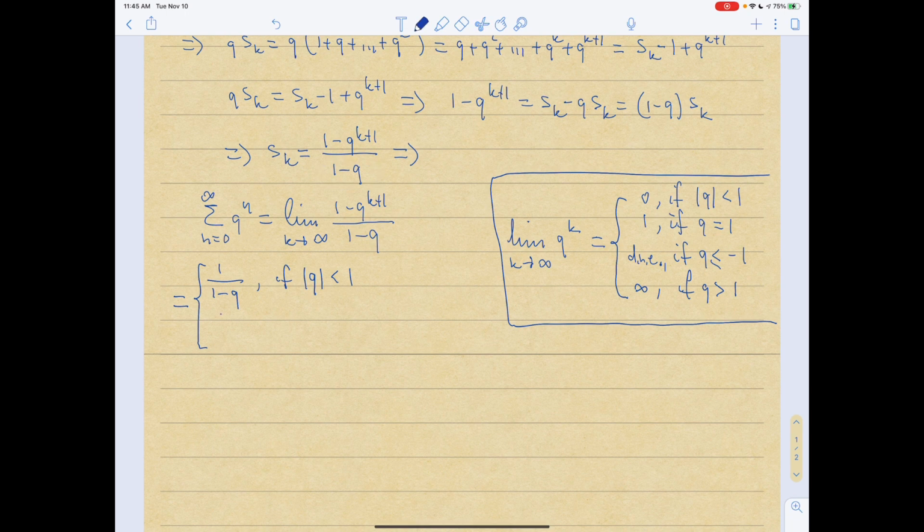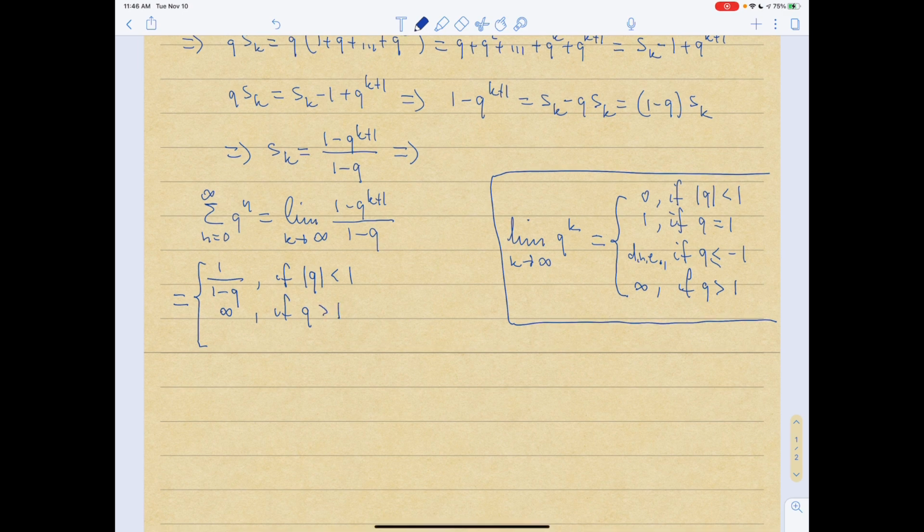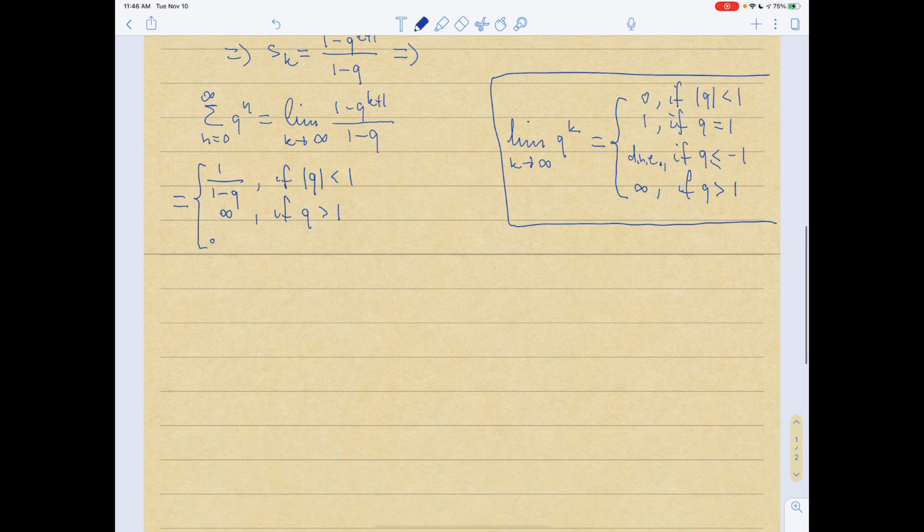So infinity if q is bigger than 1. And if q is less than 1, then the limit of this quantity does not exist, so therefore the limit of the entire thing cannot exist. So does not exist if q is less than or equal to minus 1.